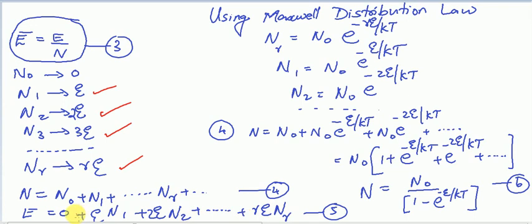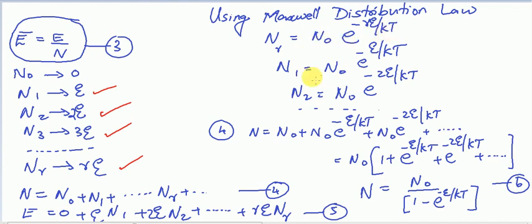So the total energy can be written in this way, equation number 5. Now we know from Maxwell's distribution law that nr, the number of particles with energy rE, is equal to n0 e raised to minus rE by kT.